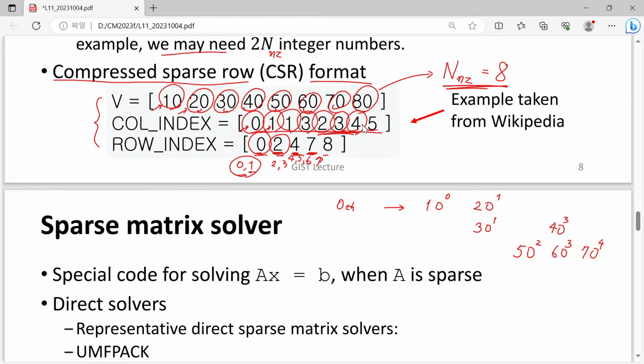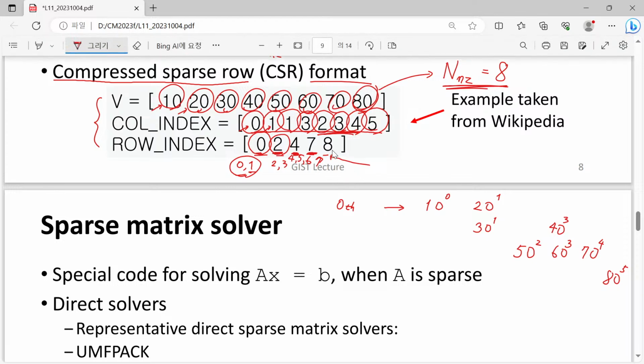And what is number 7? That is column 5, assigned to 80. The final number 8 is just neglected because it is the total number of non-zero values. So that becomes our matrix A.